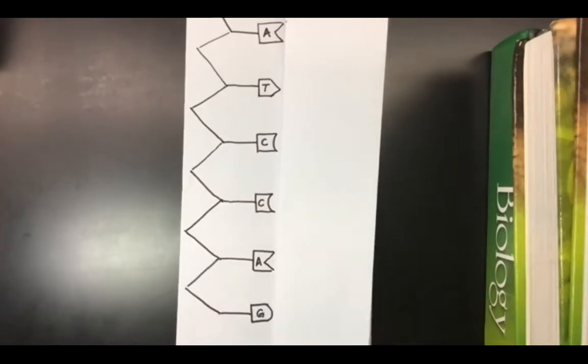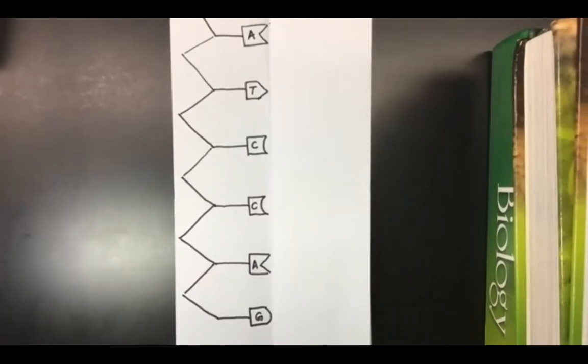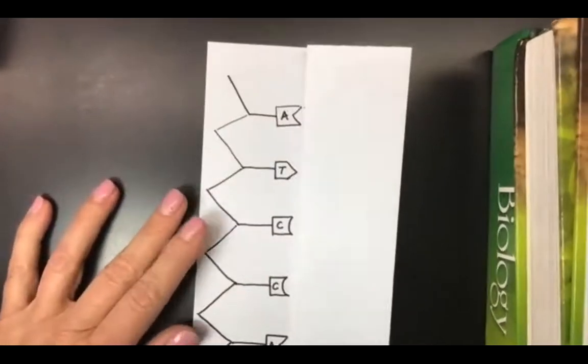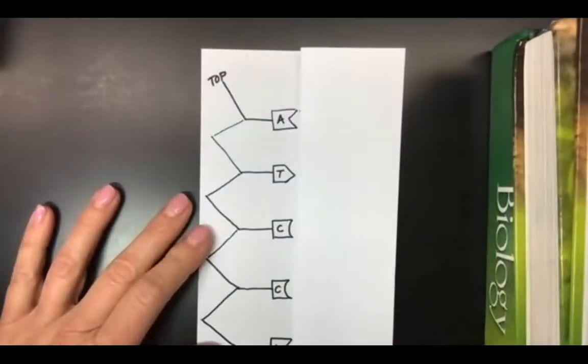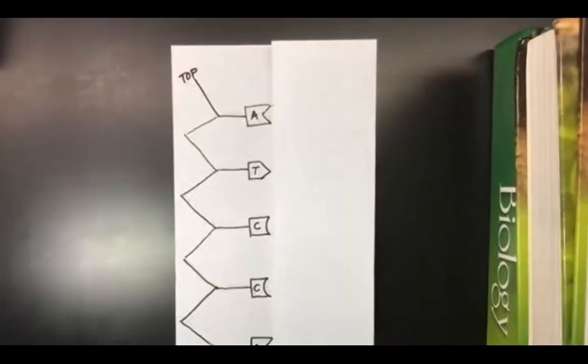And there's my covalent bond. Okay, so I have 6 nucleotides in this strand. And again, I need to make sure that I know which part is the top and which part is the bottom. So I'm going to label that specifically on this molecule. So top and bottom, so that I can see that.